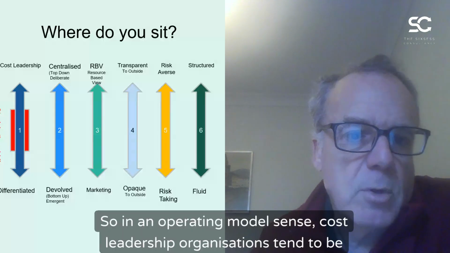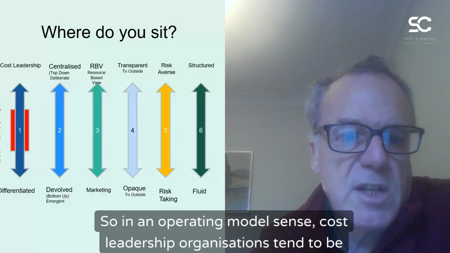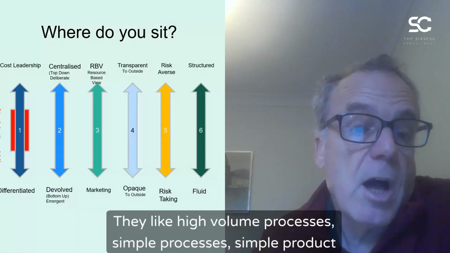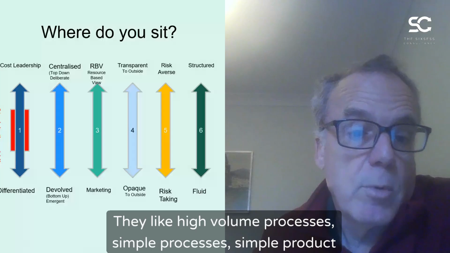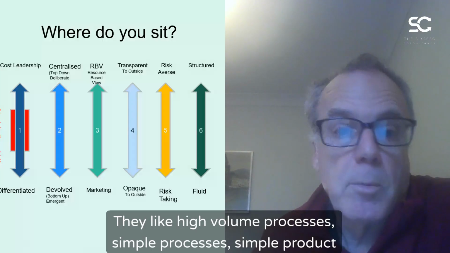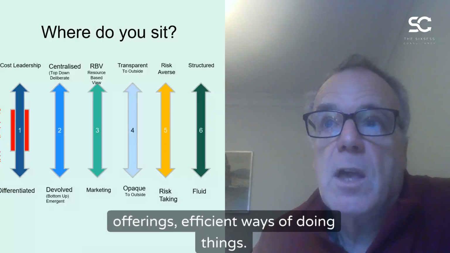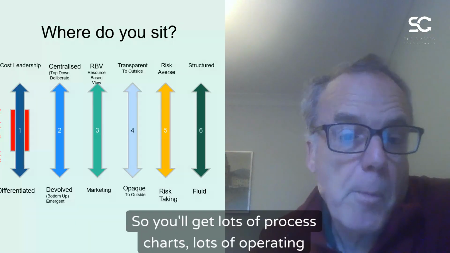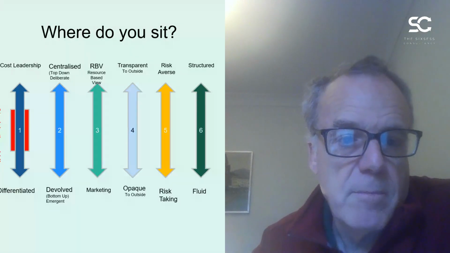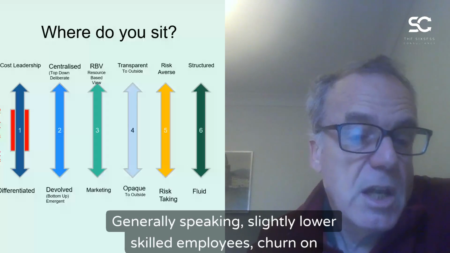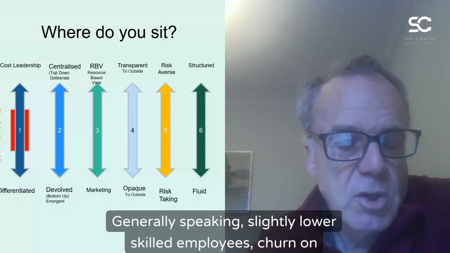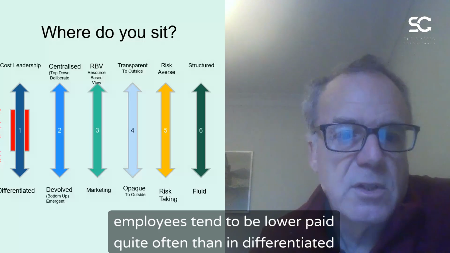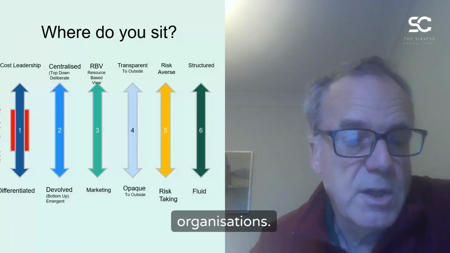So in an operating model sense, cost leadership organizations tend to be quite process orientated. They like high volume processes, simple product offerings, efficient ways of doing things. So you'll get lots of process charts, lots of operating procedures. Generally speaking, slightly lower skilled employees. Churn on employees is fairly high. Employees tend to be lower paid quite often than in differentiated organizations.